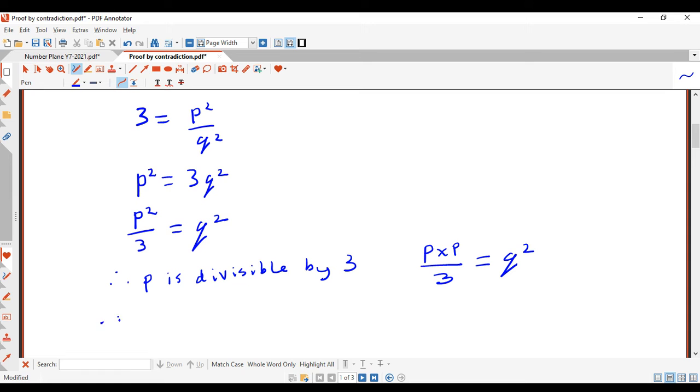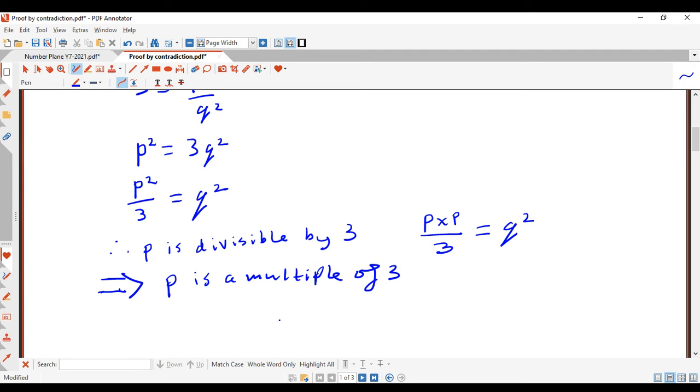Well, if p is divisible by 3, what does that mean? That implies that p is a multiple of 3, doesn't it? P is a multiple of 3.